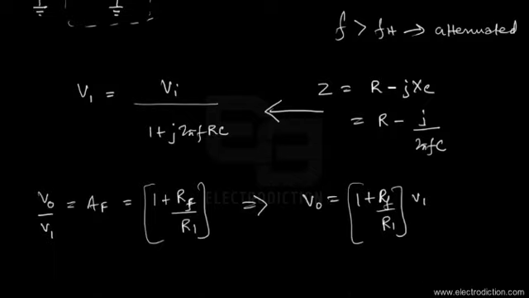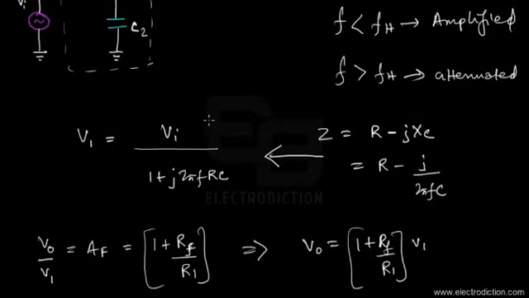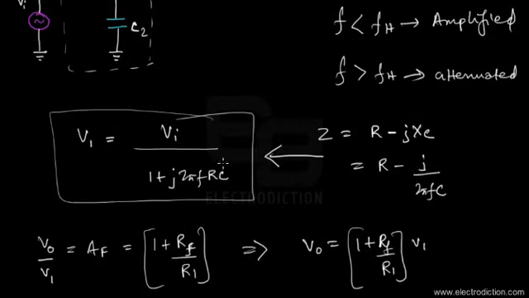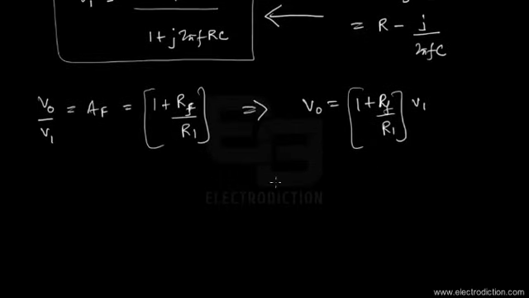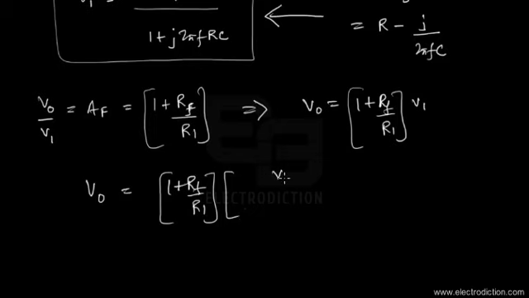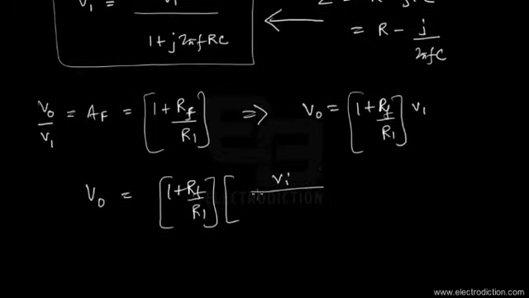So in this case, if we put the expression of V1 that we obtained over here, we're going to get the output of this circuit as equal to 1 plus RF by R1, multiplied by VI divided by 1 plus j times 2 pi f RC.